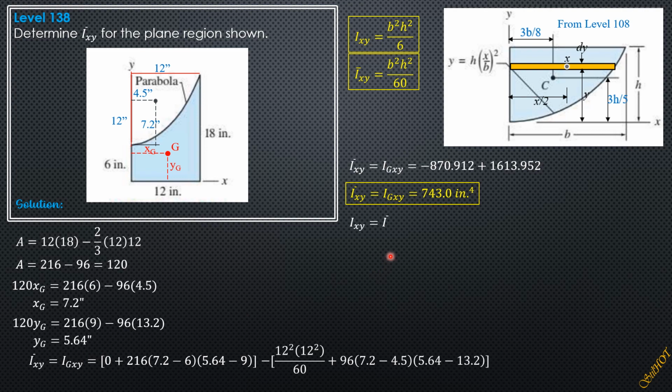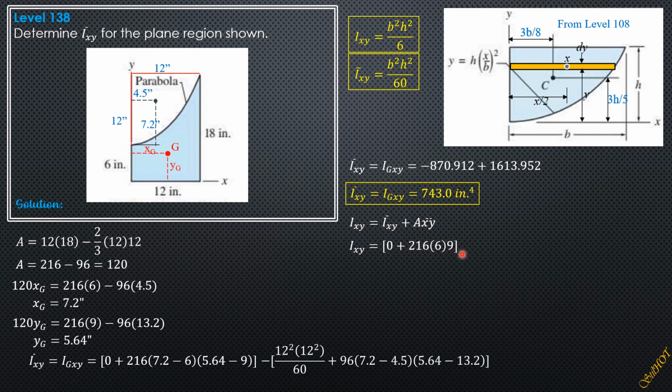So for the rectangle, with respect to the centroid 0, area 216, barred x of rectangle 6, barred y 9.